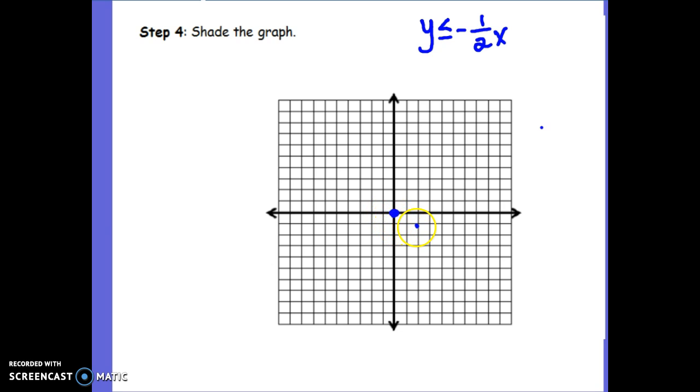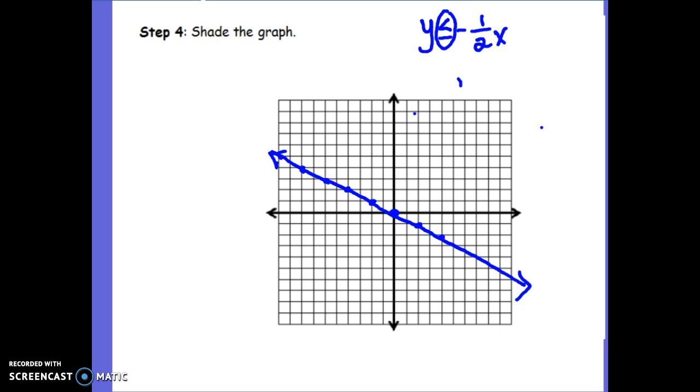So let's go down 1 over 2 or up 1 to the left 2. Do we have a negative slope happening? Yes, we do. Because this is less than or equal to, we want to make sure we make a solid line. So it's going to be a solid line looking something like this.